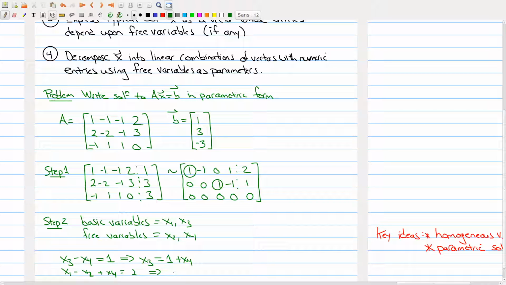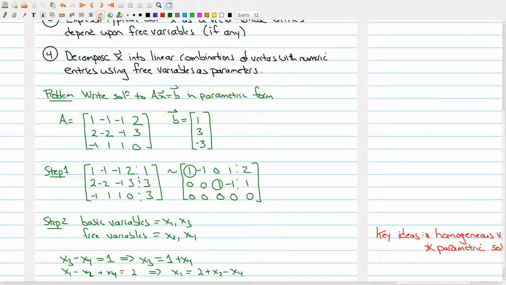Rearranging that gives me x1 is equal to 2 plus x2 minus x4. So here I have written my basic variables in terms of my free variables. The reason we put it into reduced row echelon form is that a pivot kills all the things above it, so we wouldn't have any of the basic variables showing up in rows above them. It just makes the computations a little bit simpler.